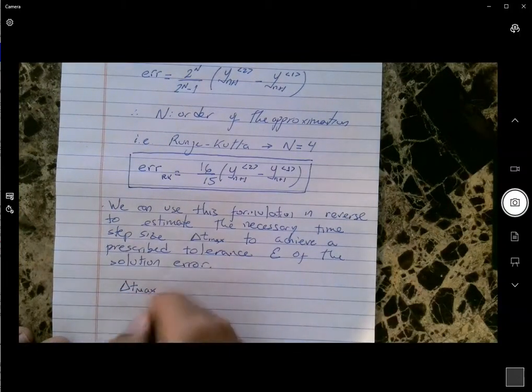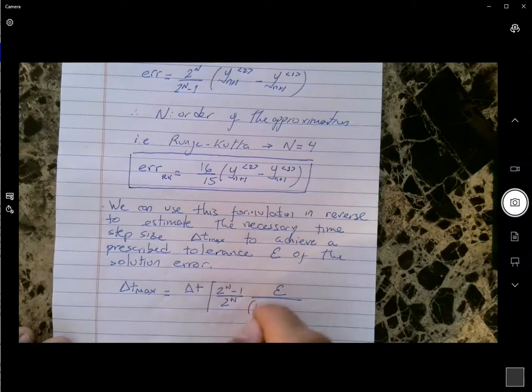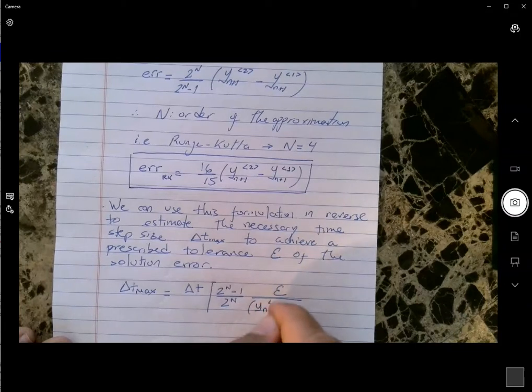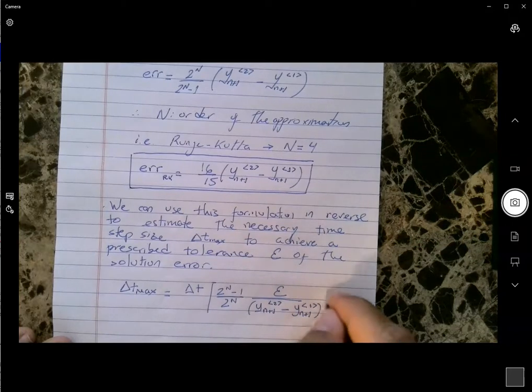So delta T max will be equal to delta T, again using this formulation, 2 to the n minus 1 over 2 to the n, so I'm using the inverse of these, times epsilon over y n plus 1 approximation 2 minus y n plus 1 approximation 1, to the power of 1 divided by n plus 1.